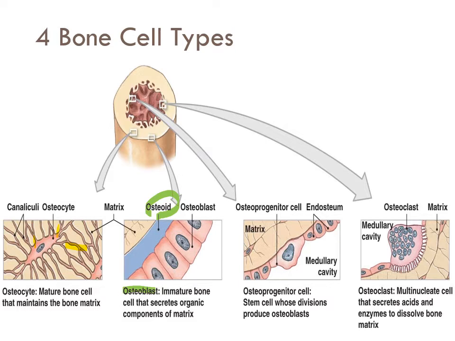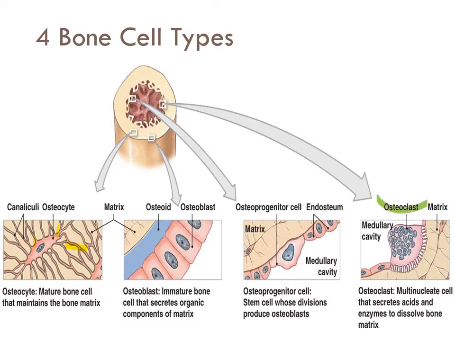So the osteoblast is our bone building cell. Next, we have the osteoprogenitor cell, and these are large cells that divide to produce additional osteoblasts.